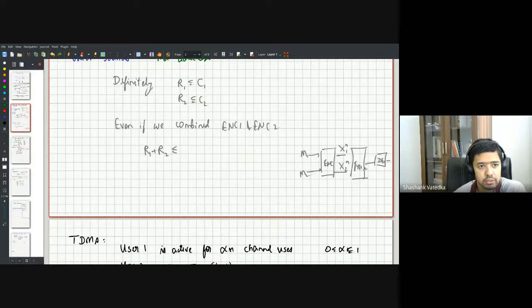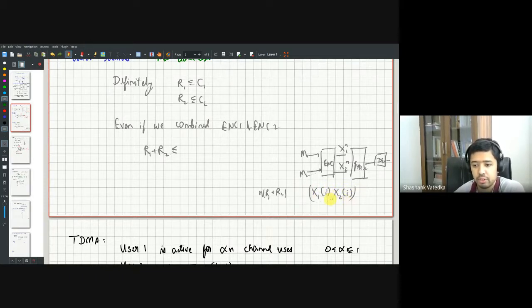Not really. So you're combining the two, right? So it's as though you're transmitting a total of n times R1 plus R2 bits. So effectively, the combined message has n times R1 plus R2 bits. And in each channel use, you're transmitting two symbols, which are X1 of i and X2 of i.